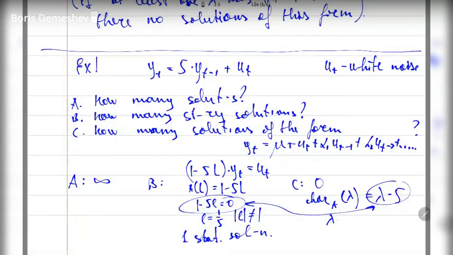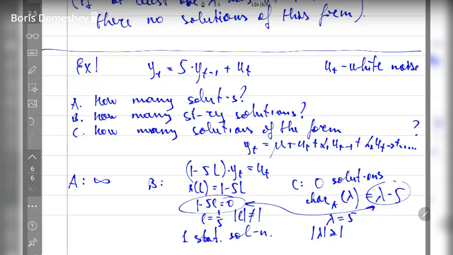So if I try to solve it, lambda is equal to 5, obviously, and the absolute value of lambda is bigger than 1. Then 0 solutions of MA. So 0 solutions of the required form. Okay?